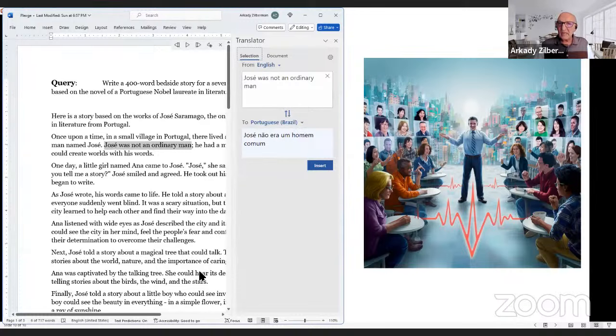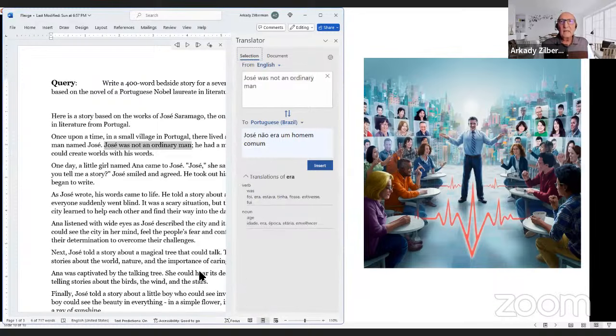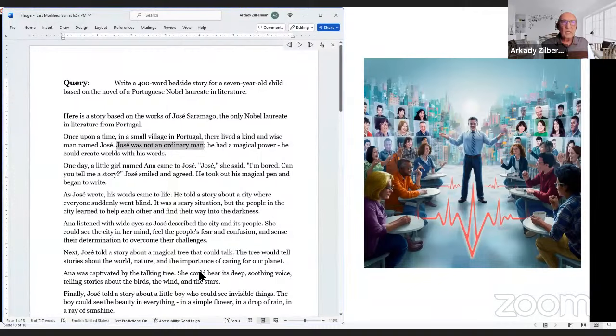And it is contextual translation. So ordinary is comum in Portuguese. If you don't know a whole sentence or paragraph, you can do it also.